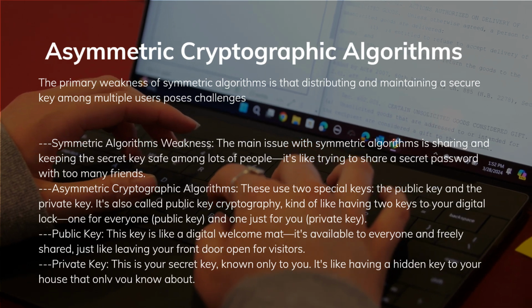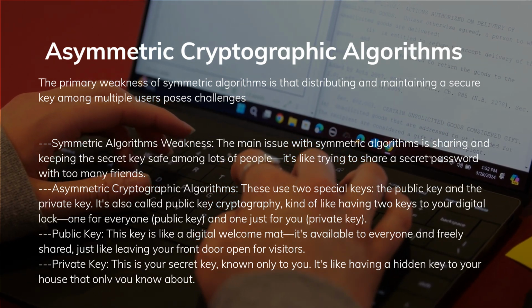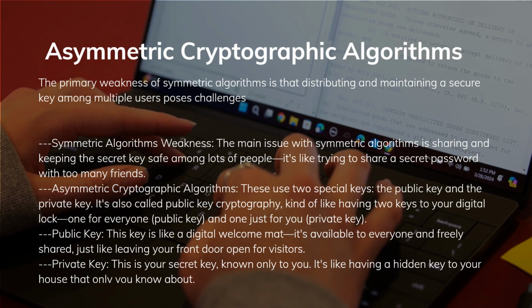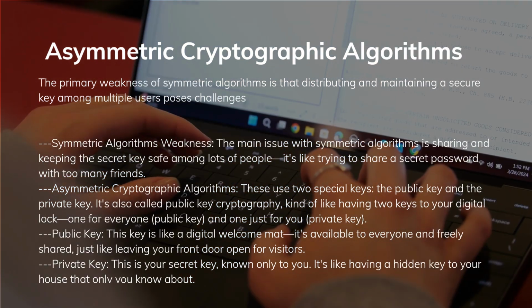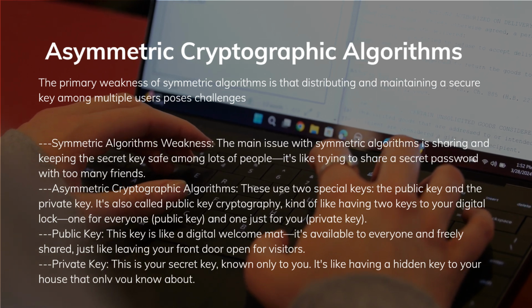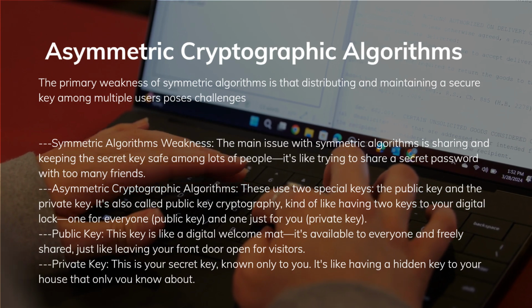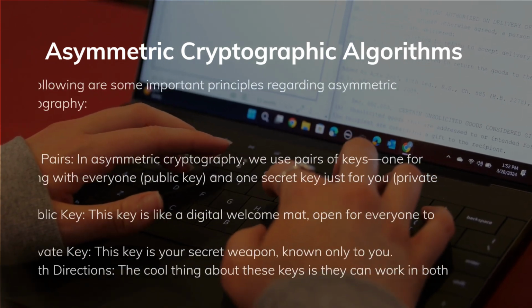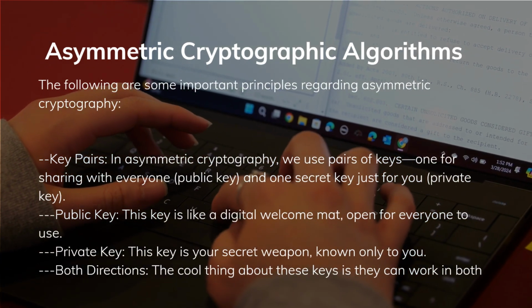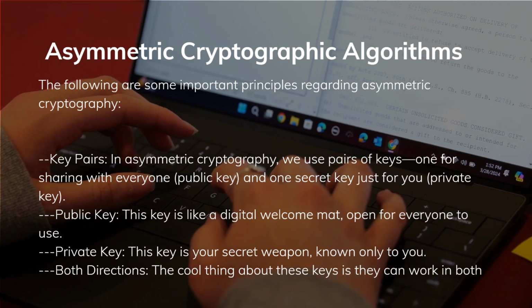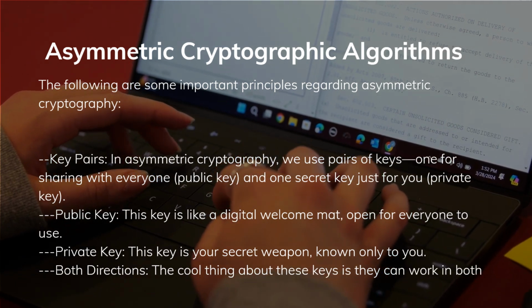It's like having a digital lock with two keys, one for everyone to use and one secret key only you know. The public key is like a digital welcome mat, open to everyone, while the private key is your secret weapon, known only to you. This setup ensures your digital space stays secure, allowing you to share and protect your secrets effectively.